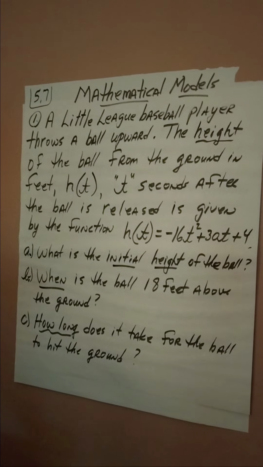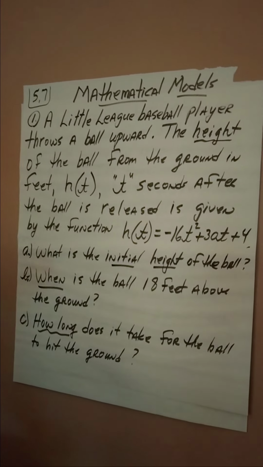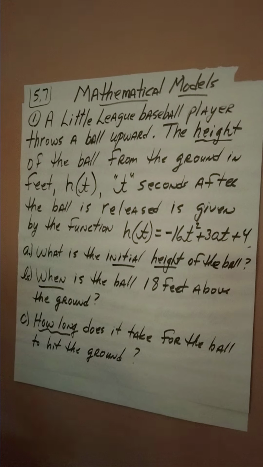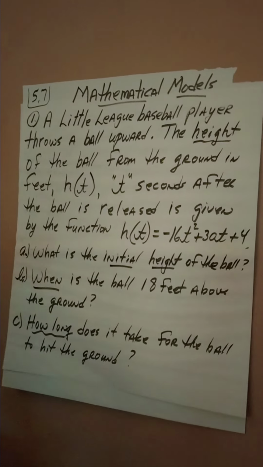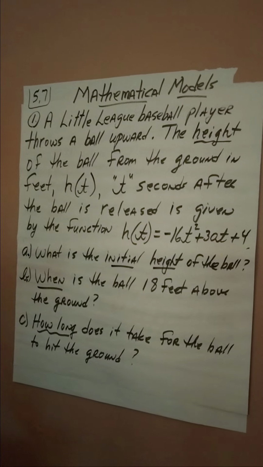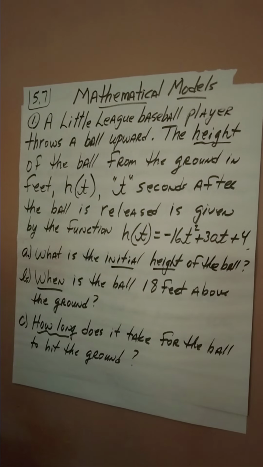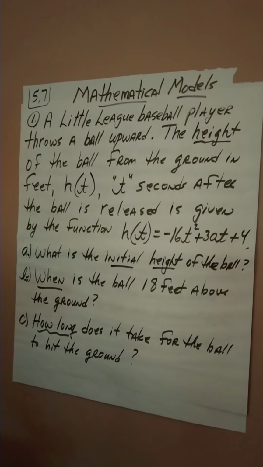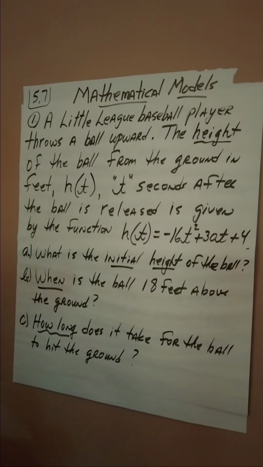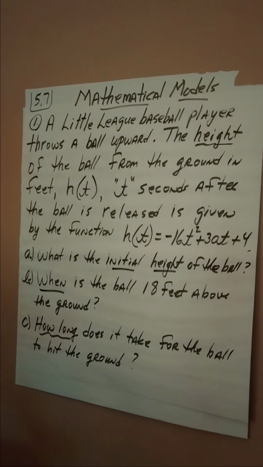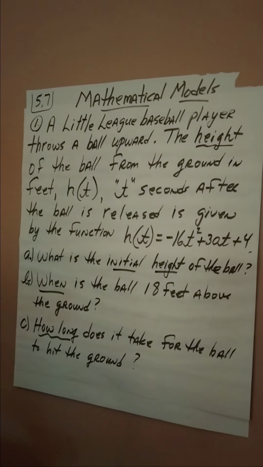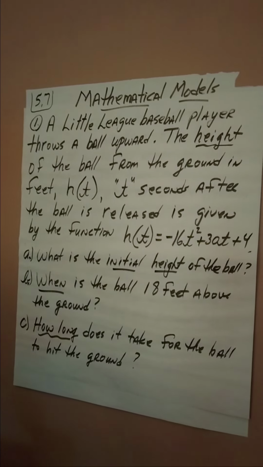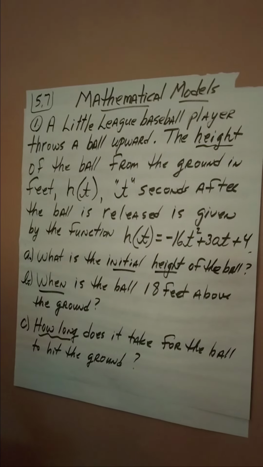Now, when the question is asking for the initial height of the ball, that is standing for what is the height of the ball as it is resting in the hand of the Little League player. The ball hasn't been thrown yet by him. It's resting in his hand. How do we know it's resting in his hand?